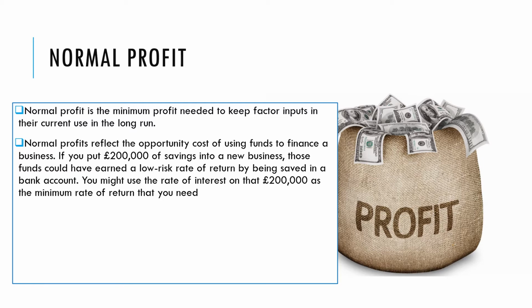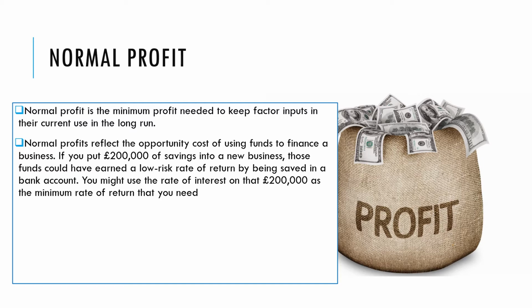So what we're saying here is that the funds would not be better off used elsewhere. So when we look at the opportunity cost of using these funds in this particular business, they're at least equivalent to the alternative use.